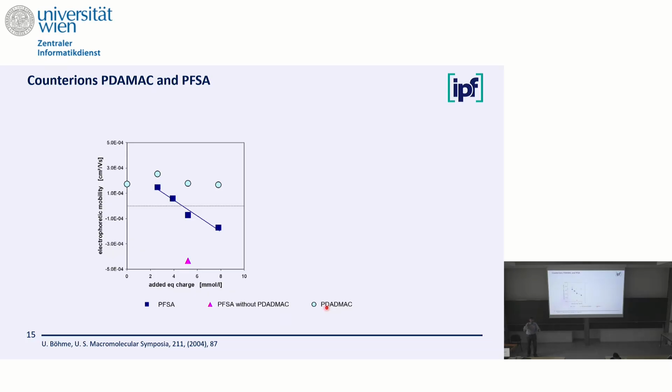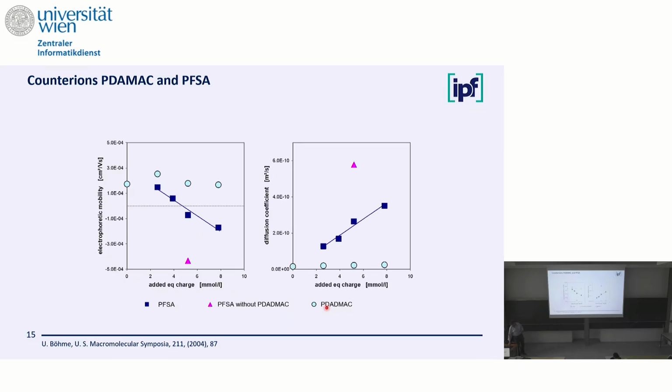All of it can basically condense on the molecule. If I have more, then I have a higher concentration, and I only see a weighted average between the free and condensed counterion. Basically, the same thing is visible in the diffusion experiment. I just think electrophoretic mobility is more clear, more obvious because I have this.